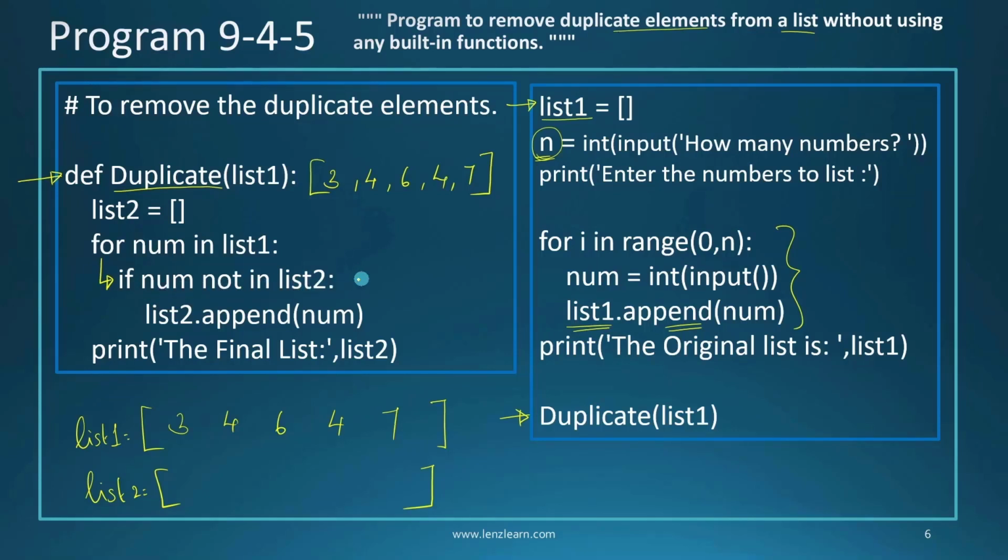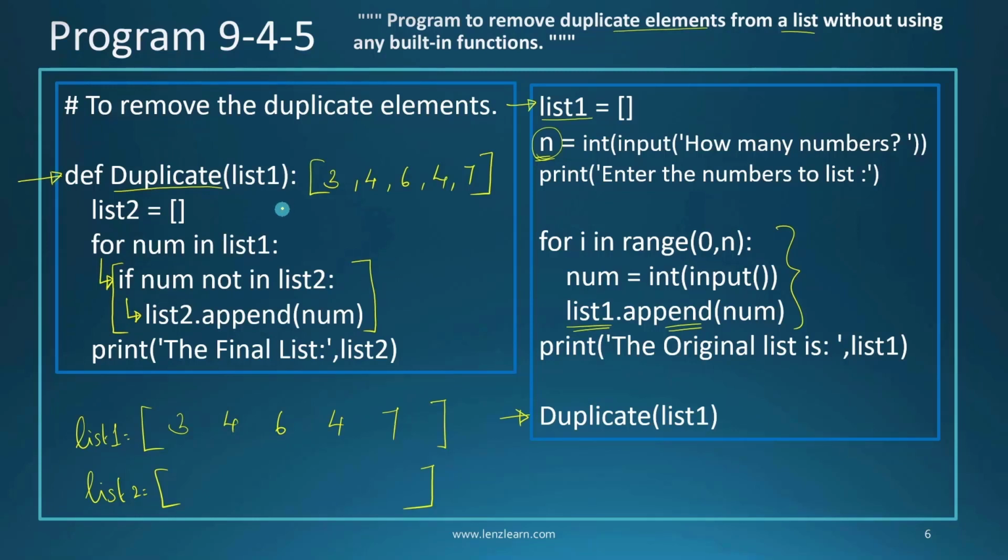So you see, this condition will be true only if the value that you got from list 1 is not available in list 2. If that value is not available, then only I will append the value of num into list 2. So now you can see this append function is inside your if statement, and inside for loop we have these two statements.